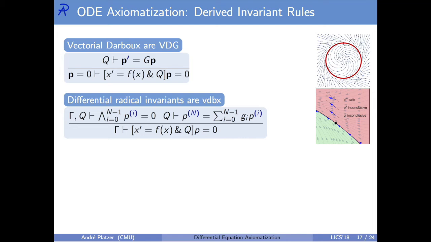Then you do know that p equals 0 itself is going to be an invariant of the system. And in fact, this is like the Darboux principle, but generalized to higher degrees, basically, right?